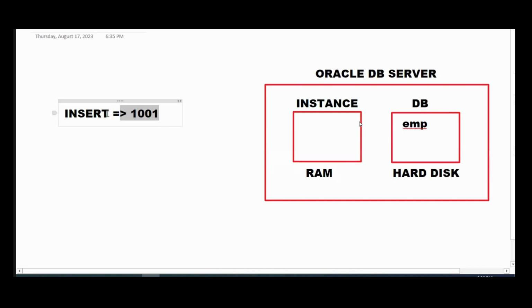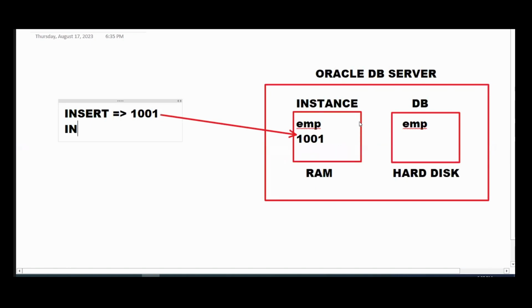So when we are inserting the record, this EMP table will be loaded into this temporary memory. In that EMP table, it inserts the 1001 record. Now, is this 1001 record inserted in the instance or in the database? In the instance it will be inserted. Instance means RAM. Is RAM temporary or permanent? Temporary.